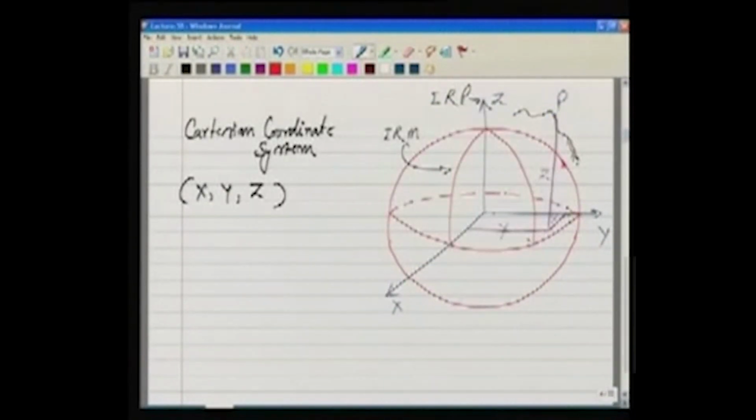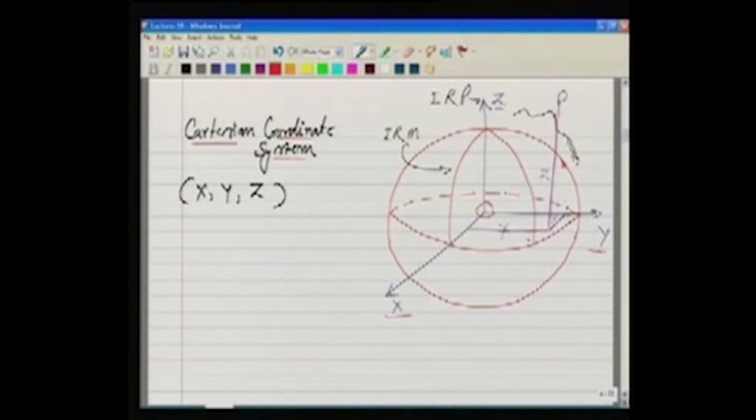Another one is the Cartesian coordinate system. Now, what is there in this system? Again, at the center of this ellipsoid, we have the origin here. Similarly, as we saw in our last slide, we have defined x, y, and z.